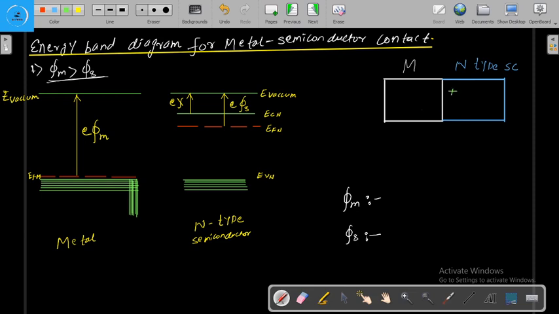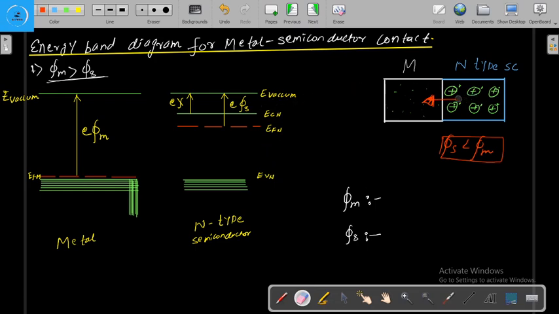So how are we denoting this n-type semiconductor like this? Here there exists a large number of electrons. So electrons will easily move from the n-type semiconductor to the metal, because phi s is less than phi m.